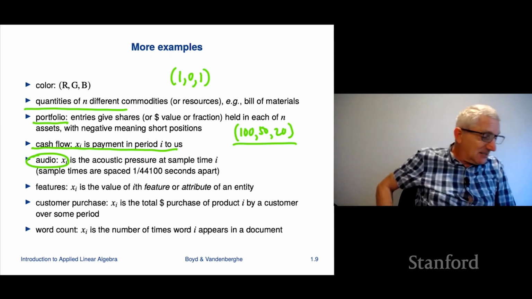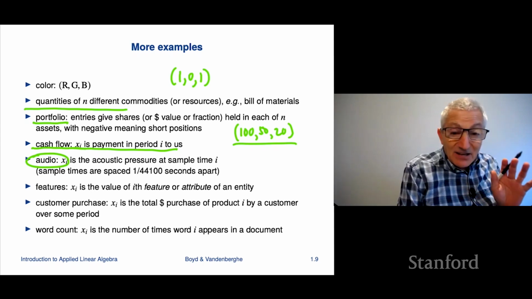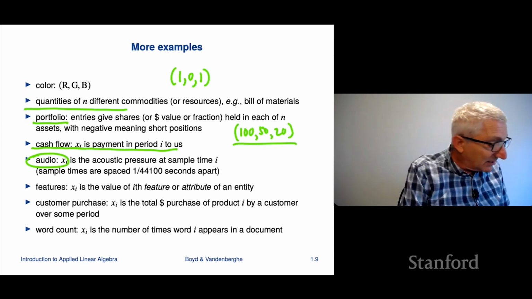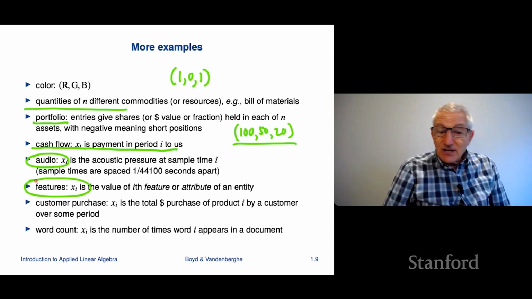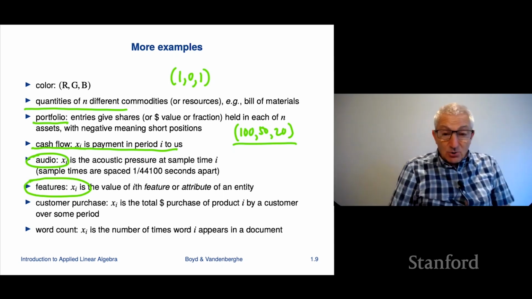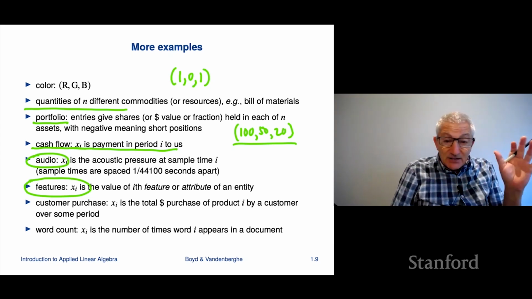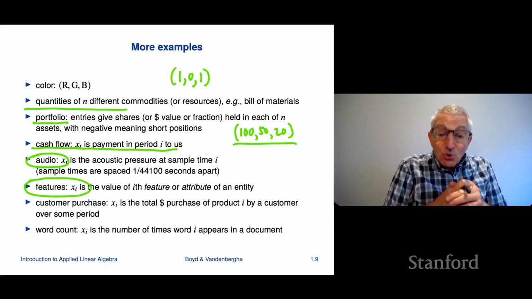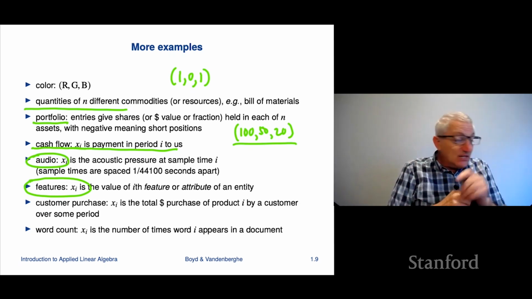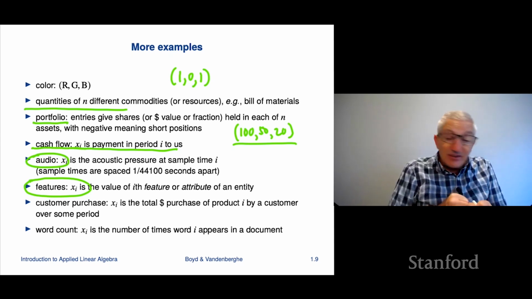That's a vector. Here's a super useful and common one: you can use a vector to describe so-called features. This is basically the entire core of machine learning, statistics, and many other fields. The basic idea is that a vector stores a bunch of numbers. Each of them is called a feature or attribute of an entity, right?